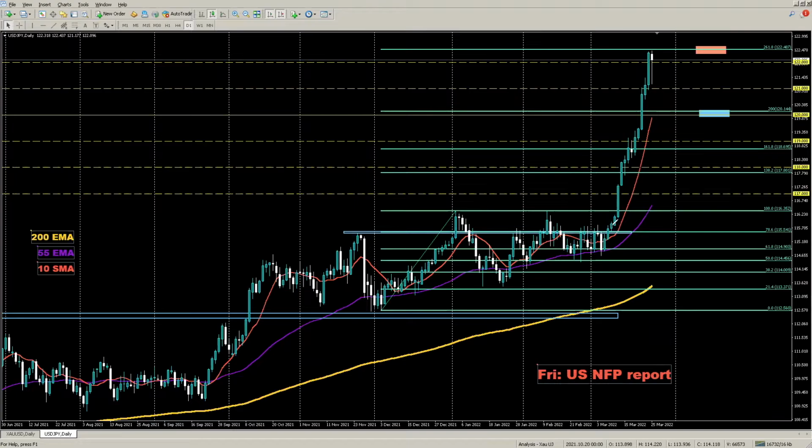Since the early March, when it broke out higher, it has not made any significant pullback, just some consolidation and a pause for a day, and basically continue to rally. So the Japanese yen has weakened significantly, and of course US dollar has taken control.